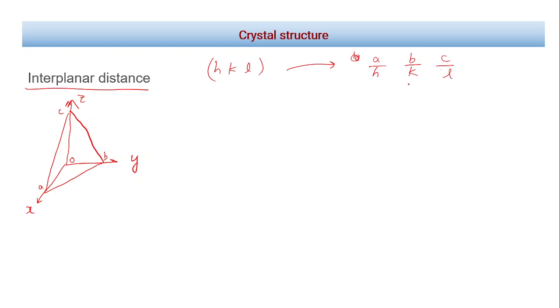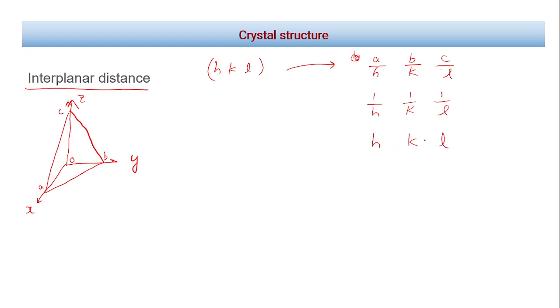Just to recall how I am sure this is correct: when we check that this is the intercept, the first thing we do to make it Miller indices is drop this ABC and just take the magnitude, right? And after that, the next step is to take the reciprocal. So here if I take the reciprocal, I'll get H, here it will be K, here it will be L.